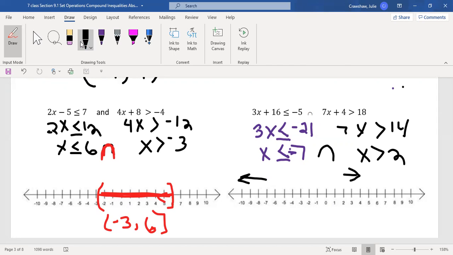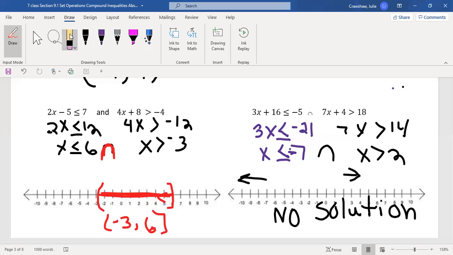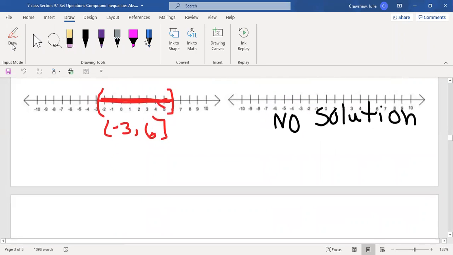They don't, do they? They have no solution. They do not overlap anywhere, so you simply say no solution. There is no intersection of these two inequalities, and you don't put anything on the final number line because there's nothing that they share. Okay, let's move on.